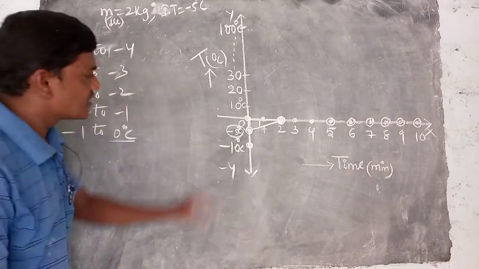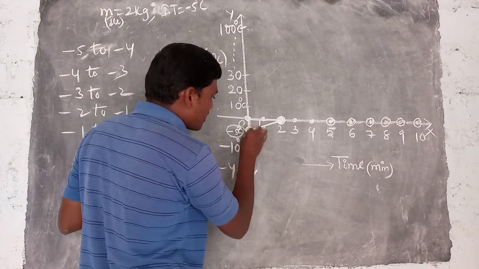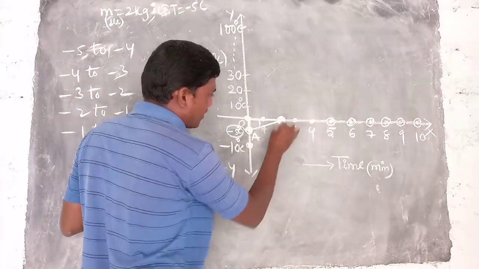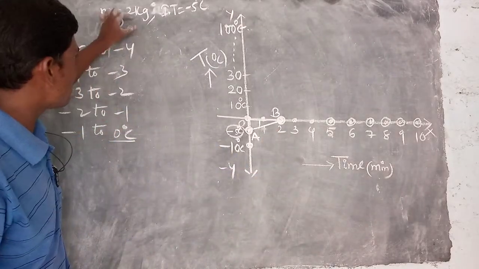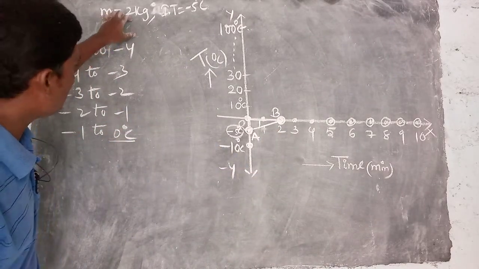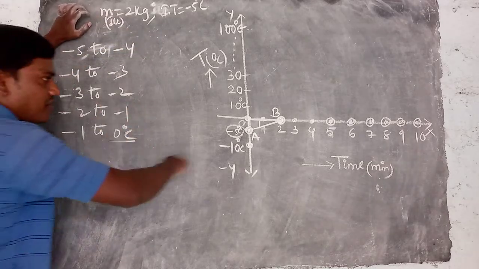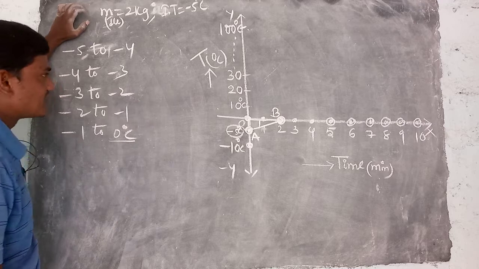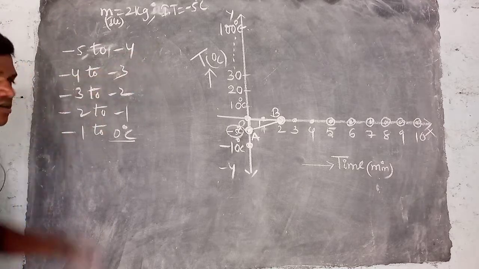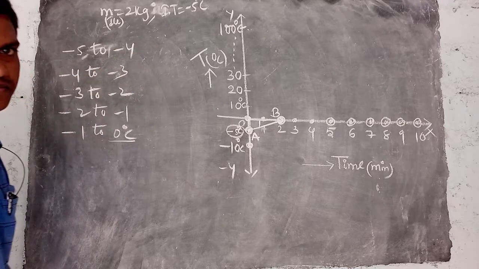That is your answer. So the starting of the process you can set as A, and this is the B point. When the thermometer reaches 0 degrees Celsius after 2 minutes, we observe that the ice cubes start to convert into water.